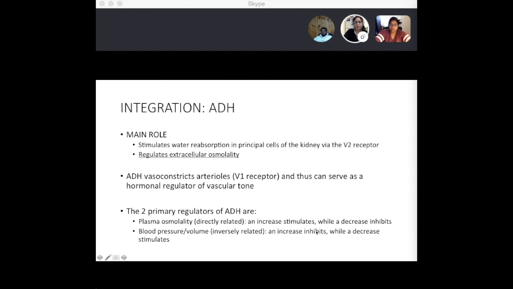So ADH is going to be decreased or inhibited. Versus if there's a decrease in blood pressure or volume, we are going to need ADH to not diurese any more volume in the body, because we need to save as much as we can. Make sense?